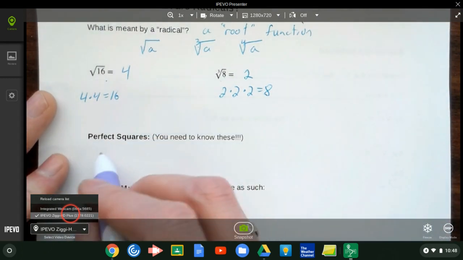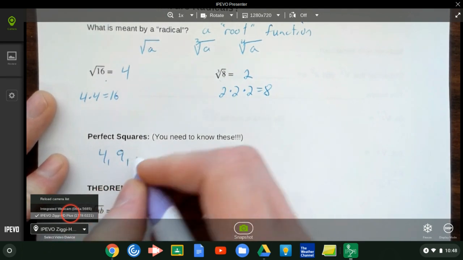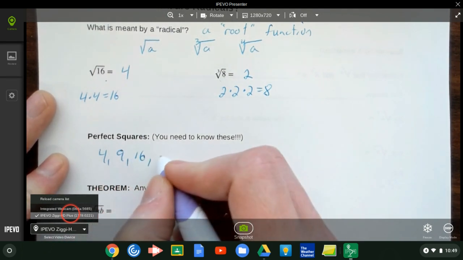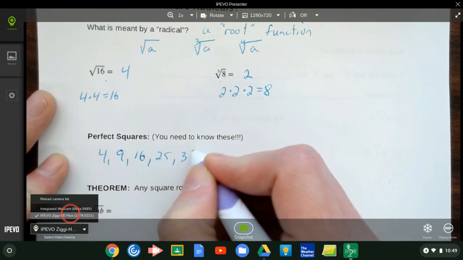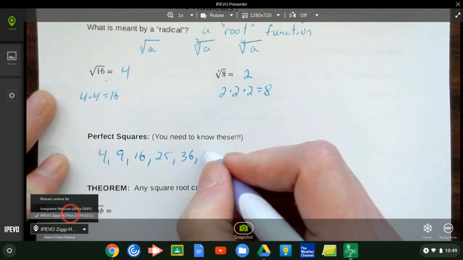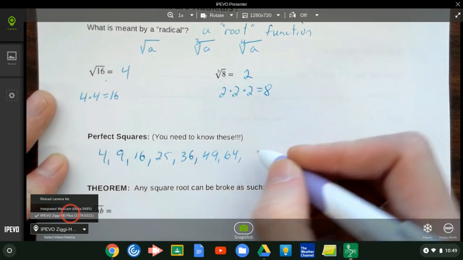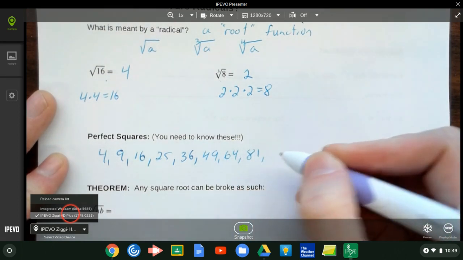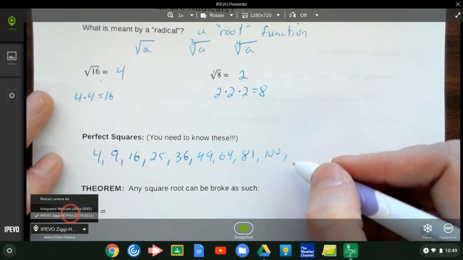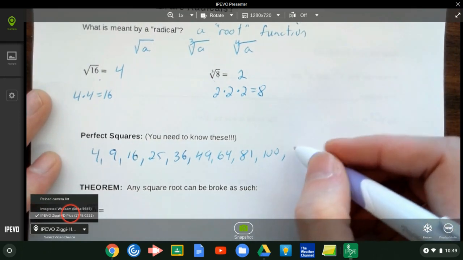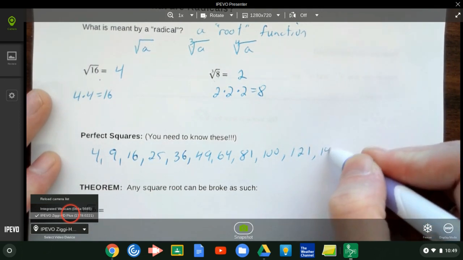So the perfect squares: 2 times 2 is 4. 3 times 3 is 9. 4 times 4 is 16. 5 times 5, 25. 6 times 6, 36. 7 times 7, 49. 8 times 8, 64. 9 times 9, 81. 10 times 10, 100. And we start getting into some that you might have a little trouble remembering. 11 times 11, 121. 12 times 12, 144.